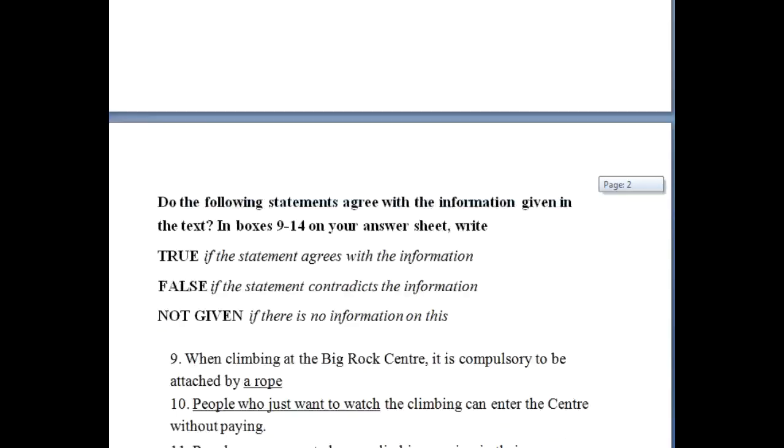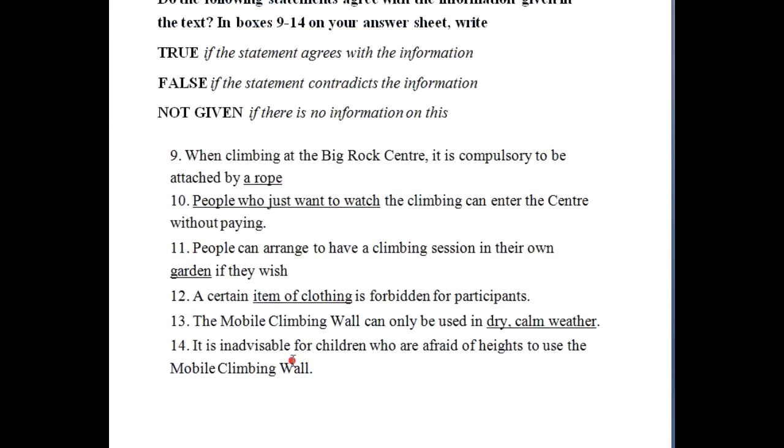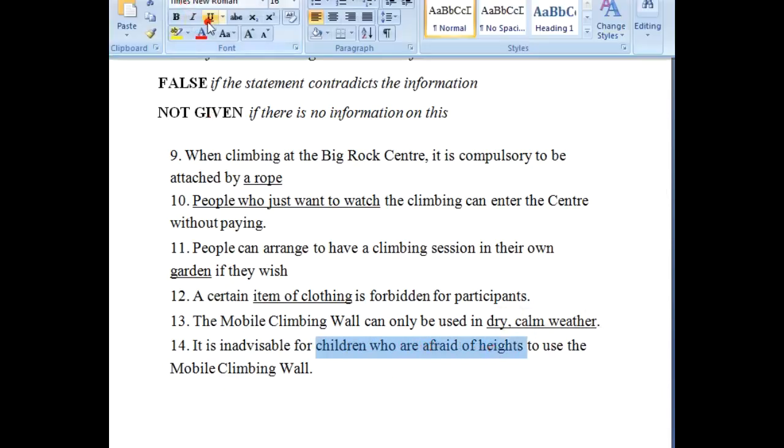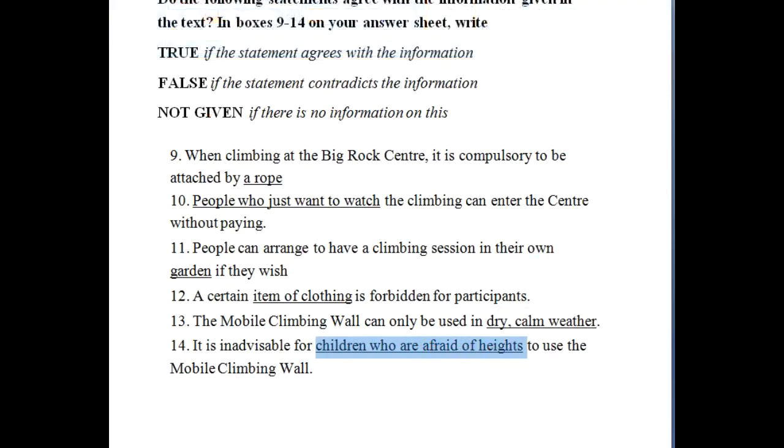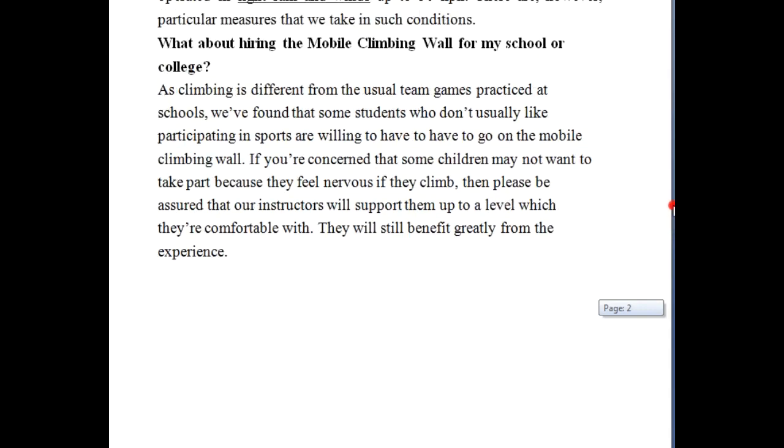And now the last question, which says it is inadvisable for children who are afraid of heights to use the mobile climbing wall. So the keyword here is children who are afraid of heights. Perhaps that's the key expression here. So we will underline this one and we'll try to find children who are afraid of heights here. Right.